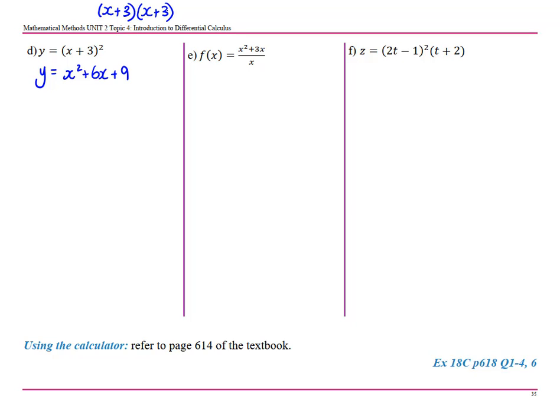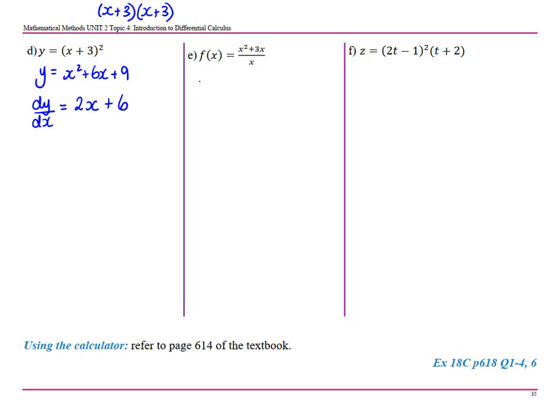So x plus 3 times x plus 3, x times x is x squared, x times 3 is 3x, 3 times x is 3x. So you've got 2 lots of 3x, which is a 6x. 3 times 3 is 9. So now I've expanded those brackets, I can now differentiate. So my dy dx, bring the 2 out the front, 2x plus 6.